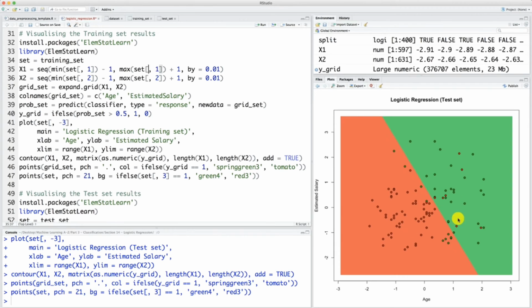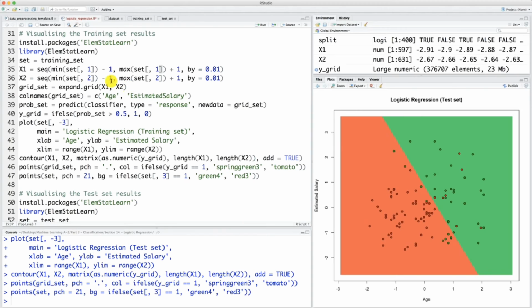And so we apply that idea on all the pixels in this frame, so that eventually our classifier will colorize all the points that it predicted as 0 in red and all the points that it predicted as 1 in green. So now that you get the idea, let's look at our code here and go through the steps of completing this idea.